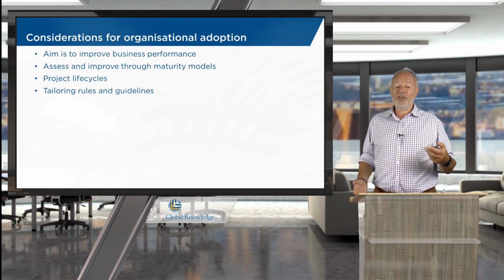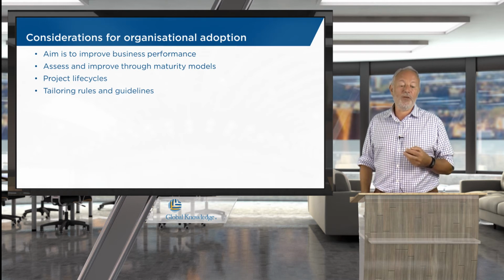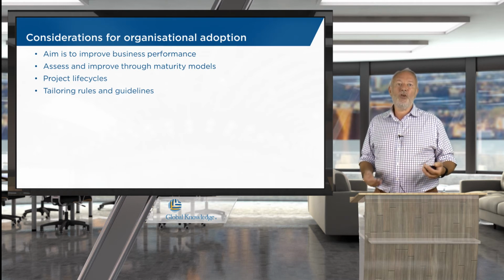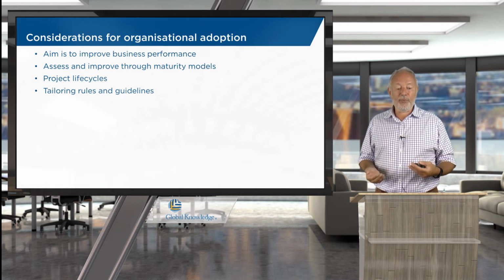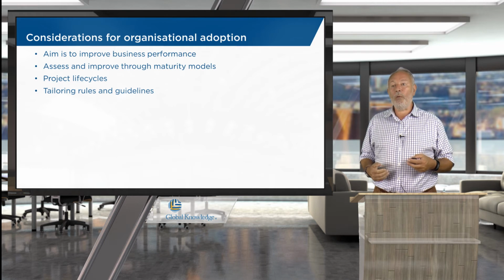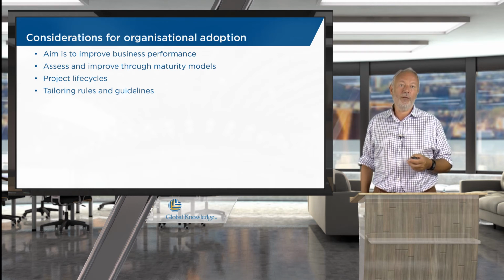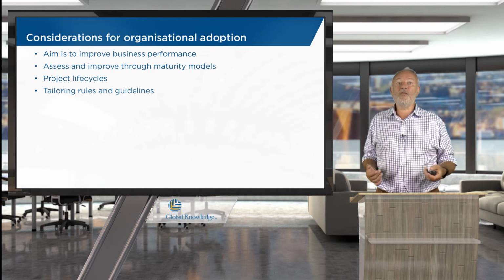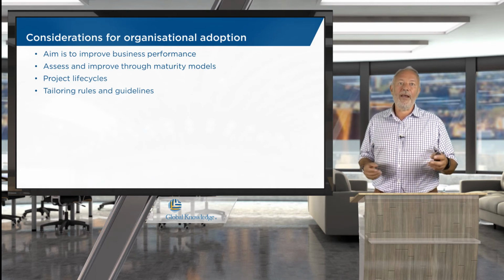If the organisation is going to adopt PRINCE2 as a project management method, remember that we should adopt it such that it gives us some benefit, so it improves the business performance. We will generally track this using some kind of maturity model. Level 1, for instance, is kind of heroic efforts, everybody working really hard, but without any kind of structure.